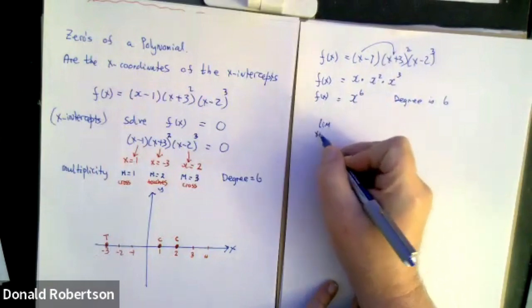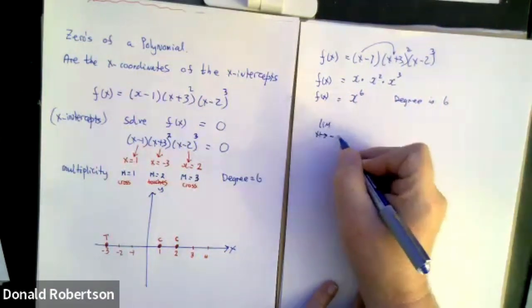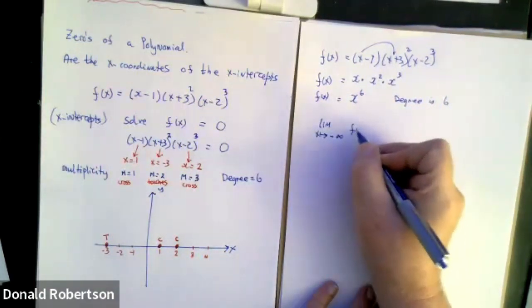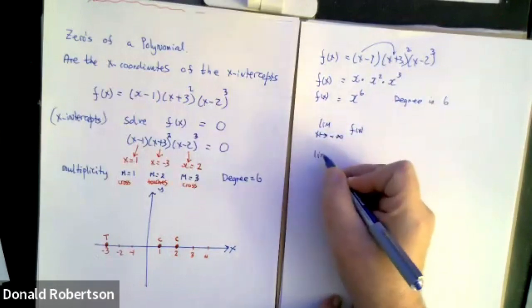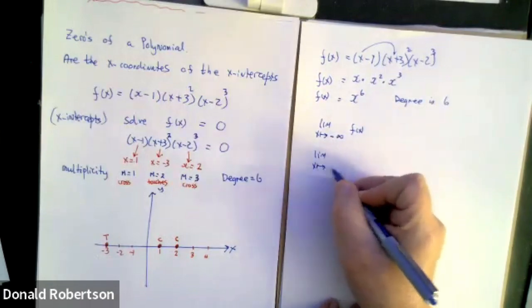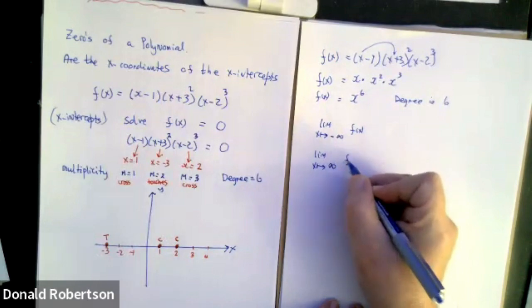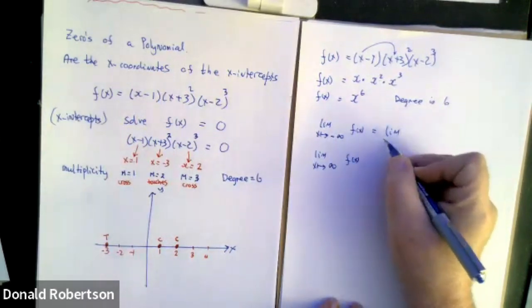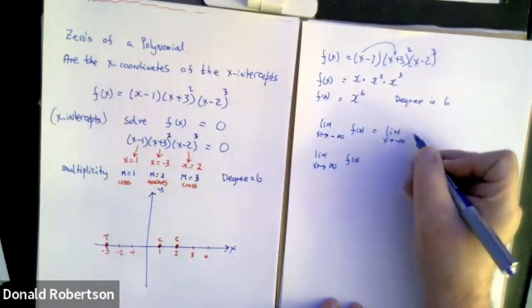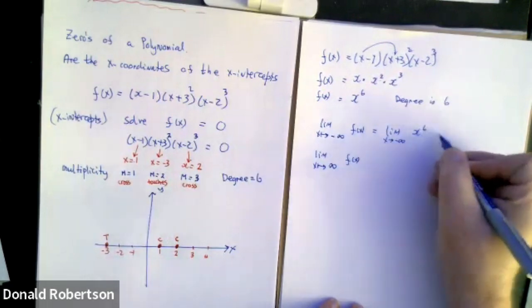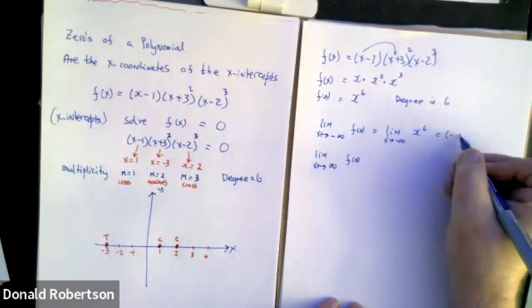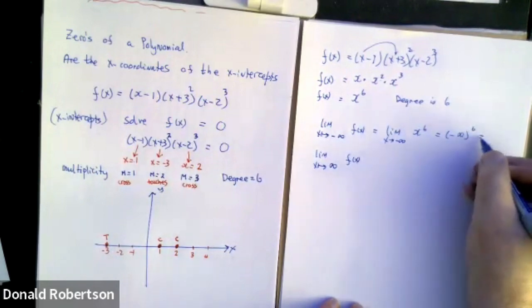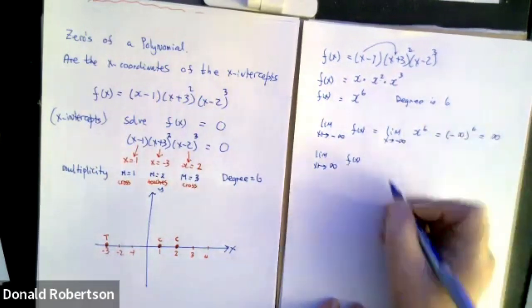The limit as x tends to negative infinity, and the limit as x tends to plus infinity. What do you get? You get the limit as x tends to negative infinity of x to the 6, which is negative infinity to the 6, which is plus infinity.